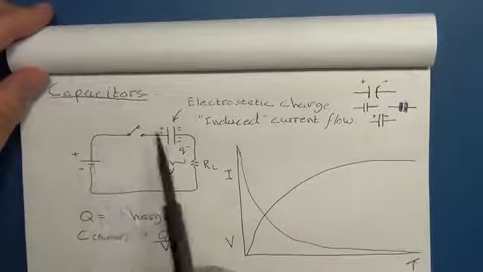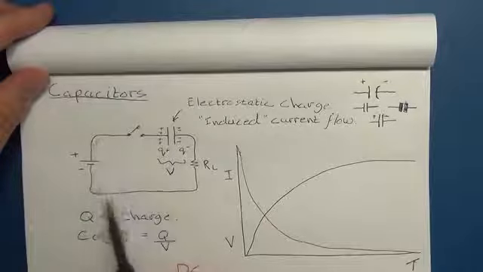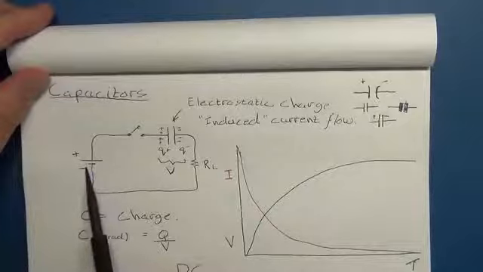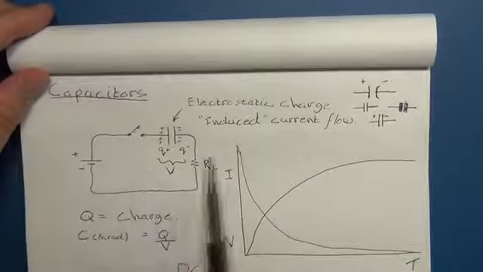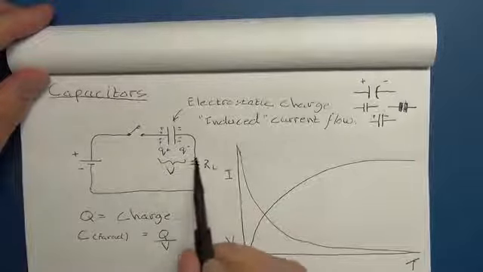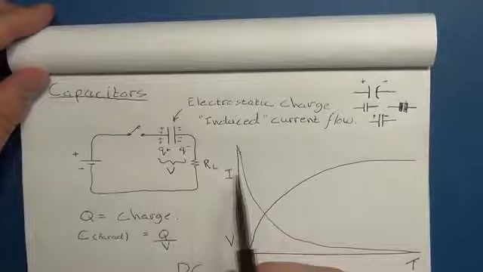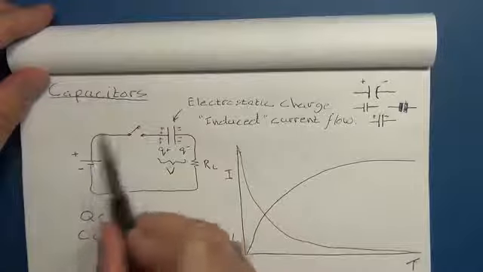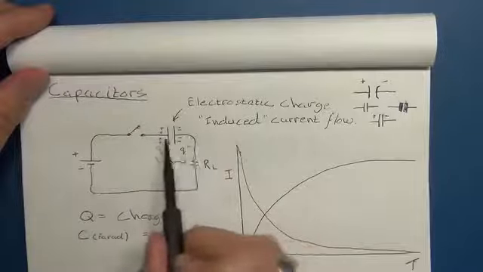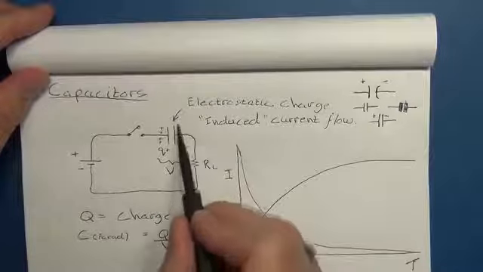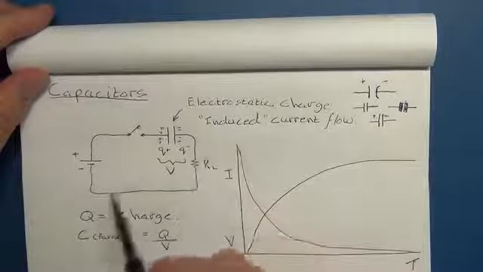But very basically, if we have a circuit, we've got our battery over here with a positive on this side and the negative on this side, we've got a switch in the circuit, and here is our capacitor. And over here is a resistor representing our load. Now once you throw the switch down in the circuit, which is DC, you're going to have a positive charge build up on this side of the plate and a negative build up over here.